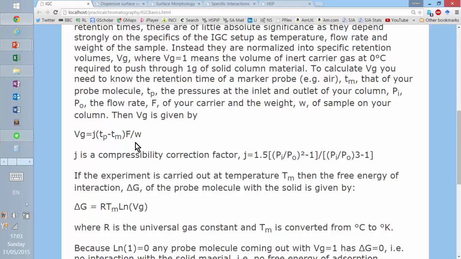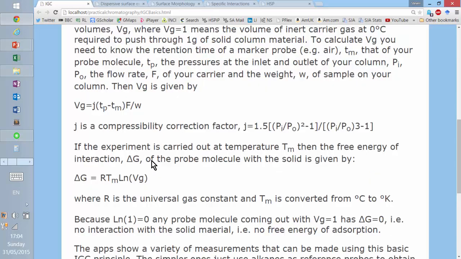It's just normalizing the values to express what this particular probe molecule would do on a standard amount of stationary phase on the column, so that VG values from one experiment can be replicated on a totally different machine within another experiment. And the important thing is that the free energy of interaction of the probe molecule is RT times log VG. So VG is a thermodynamically profound value which is intrinsic to the IGC measurement.